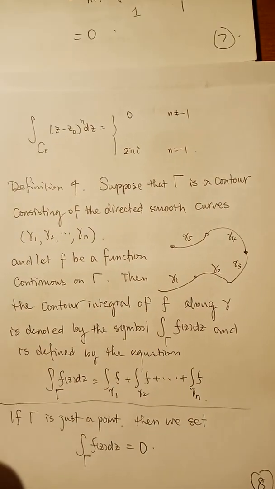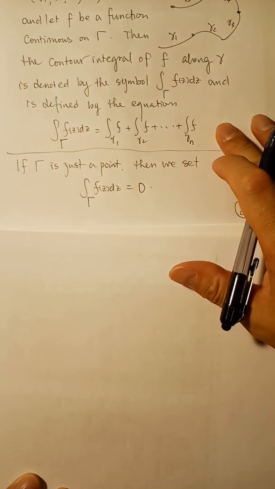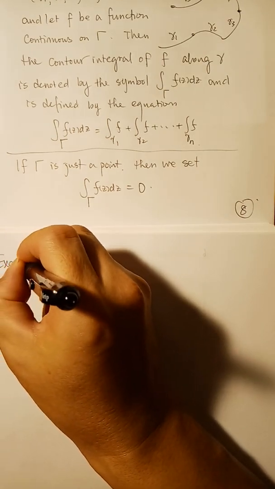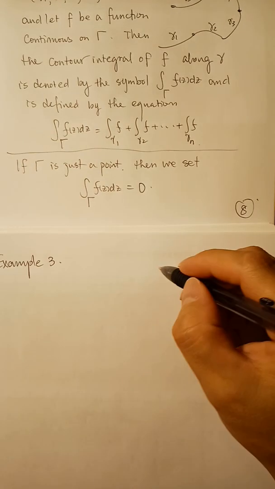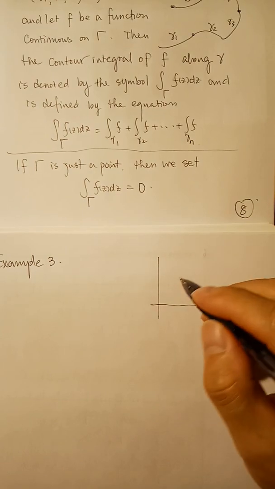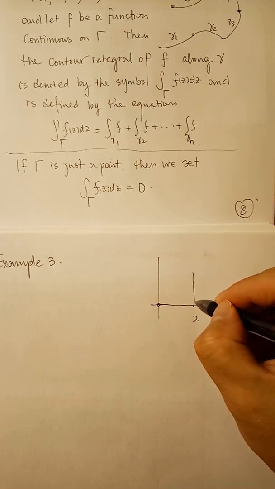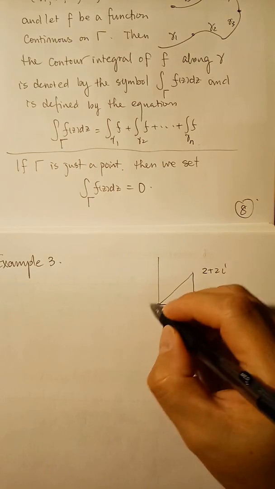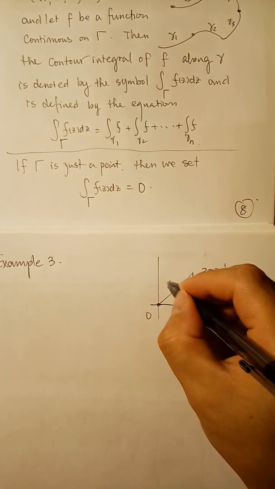Now let's see one example. Example 3. First, let's get the contour. The contour is this: gamma 1, gamma 2, gamma 3.